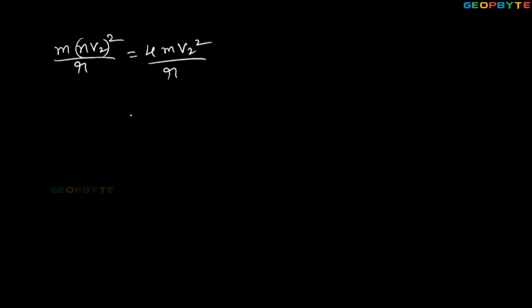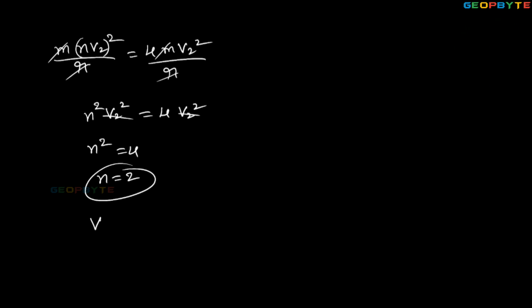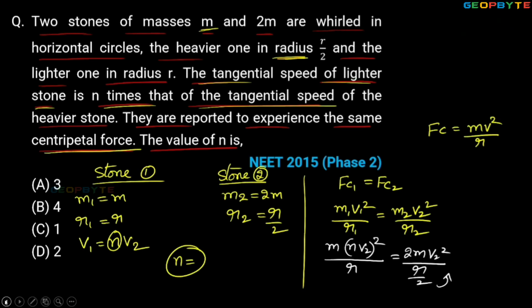Now here this r cancelled, m is cancelled, n square v2 square is equal to 4 v2 square. v2 square is cancelling, n square equal to 4, therefore n equal to 2. Therefore, V1 equal to n V2, so V1 equal to 2 V2. Look at the options. Option D is absolutely correct.